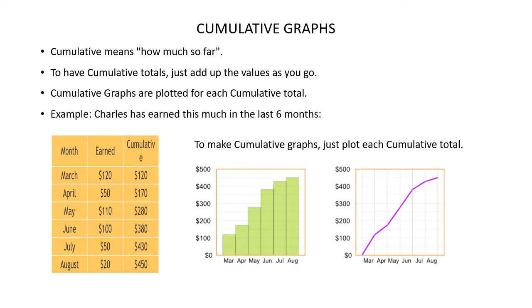So in April $170 is this point. In May the cumulative total is $280. So in May the $280 is at this point. Now all these points are connected with straight lines to get a line graph. Thus cumulative graphs are plotted either as bar graph or as line graph.